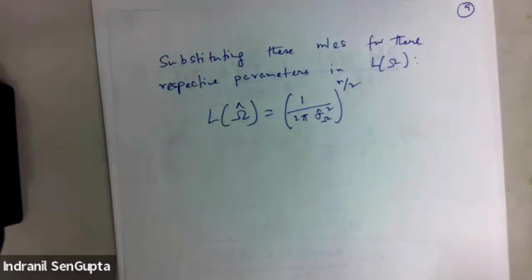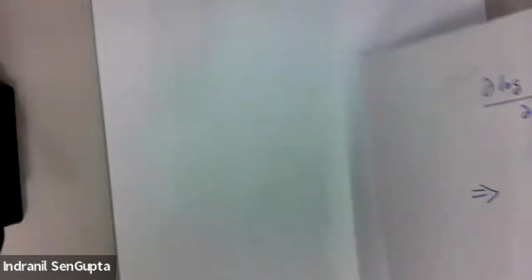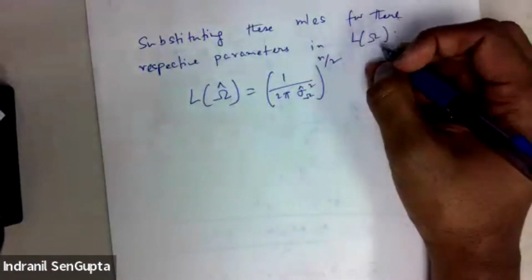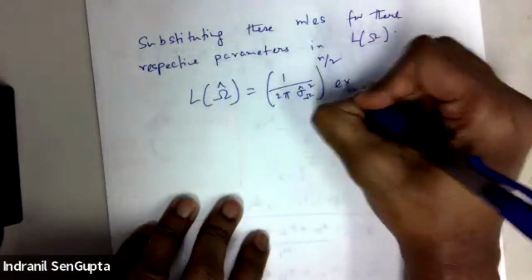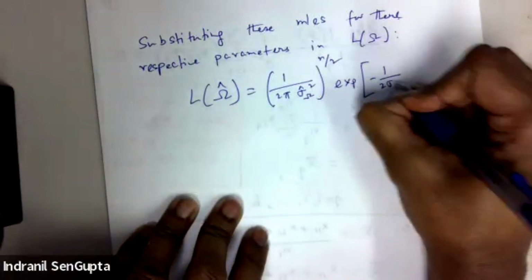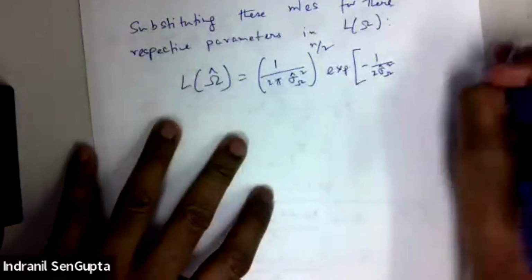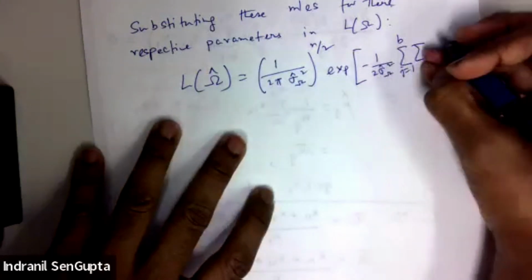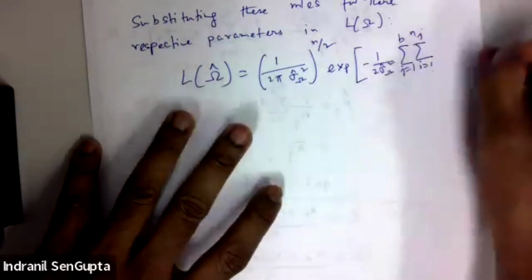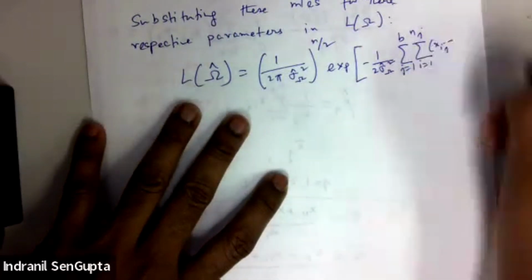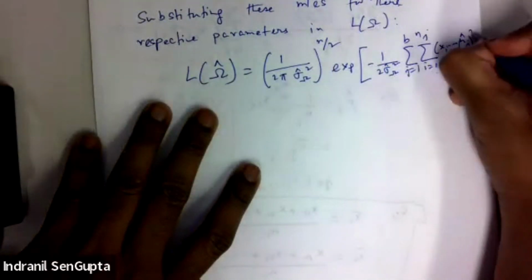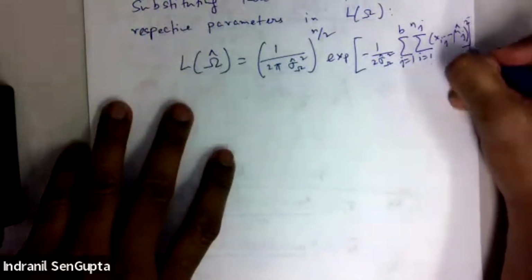And then, the same way we have done before, it's exp of minus 1 over 2 sigma omega squared, sum over j from 1 to b, i from 1 to n sub j, of x_ij, where I replace mu sub j by mu j hat, squared.